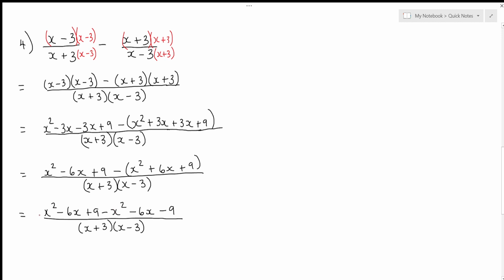X squared minus x squared would give me 0. Minus 6x minus 6x would give me minus 12x, and 9 minus 9 would also give me 0, so that cancels out. And so in my numerator I'm left with negative 12x over x plus 3, x minus 3.